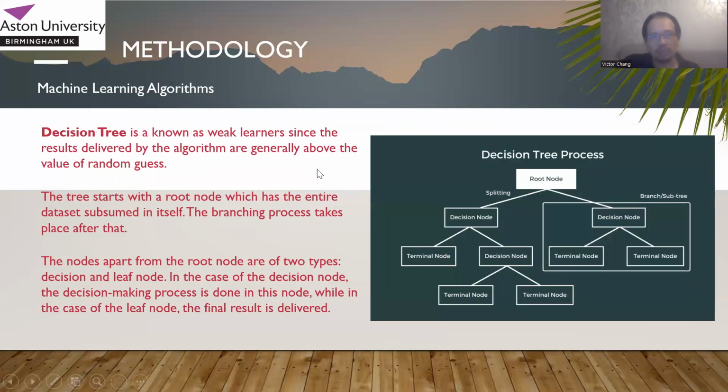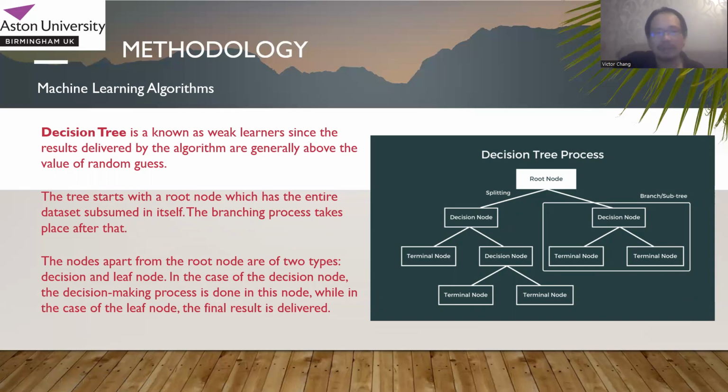And then the decision tree. Just to show you the diagram here, you have root nodes that do the splitting, and each branch gives a different probability based on the likelihood. It has been used extensively in machine learning. The tree starts from the root node, which has the entire data set subsumed in itself. The branching process takes place after that.